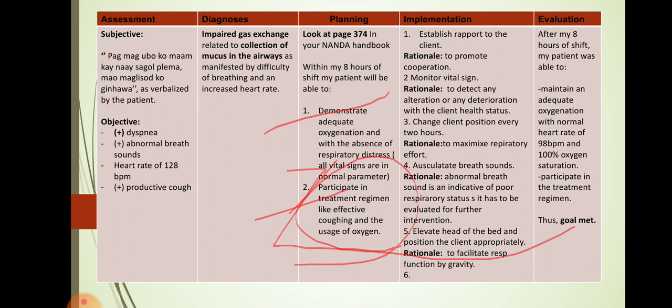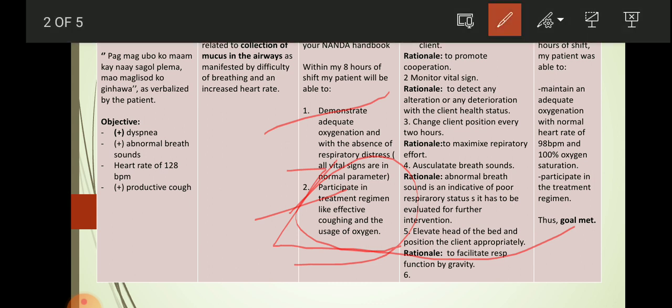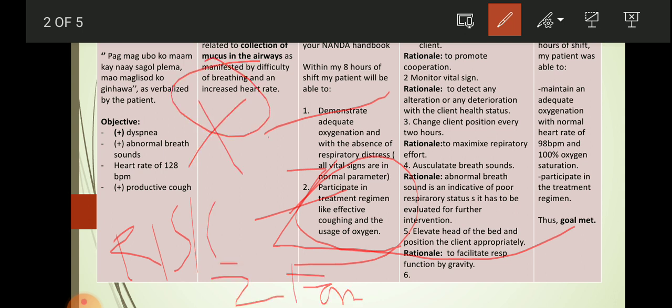Okay, do you get it? The risk nursing diagnosis is just the same. It is the same as the actual. The only difference is that it has no manifestations. For risk, the nursing diagnosis only has 2 formats. There is no more "as manifested by." For example, risk for infection related to prolonged hospitalization.